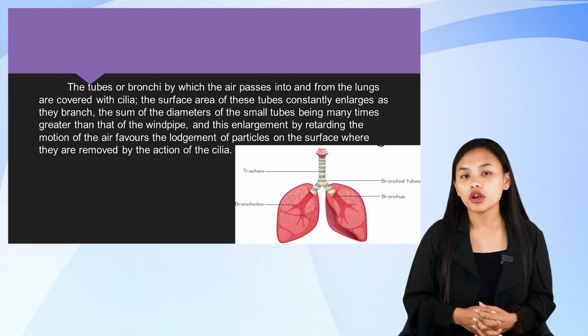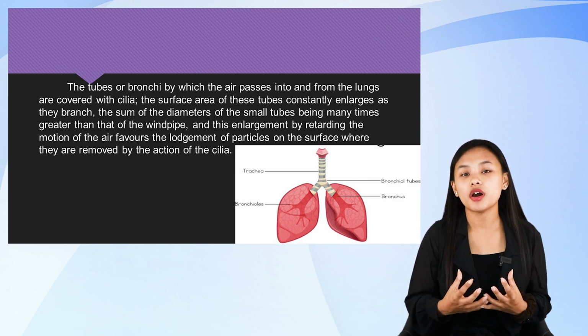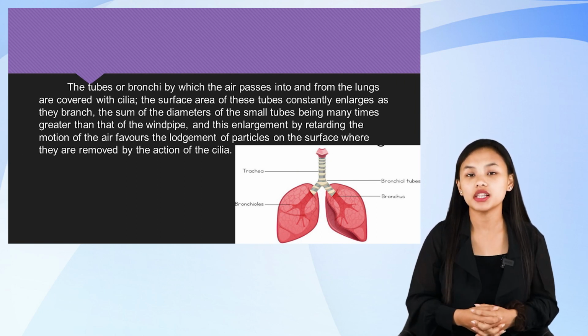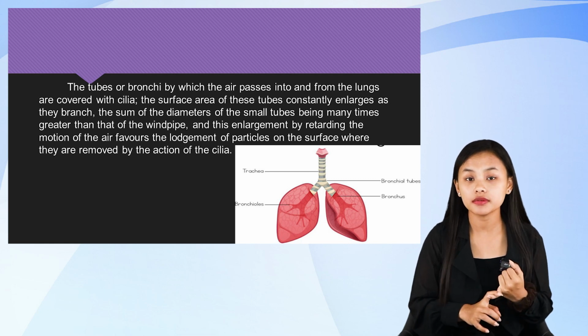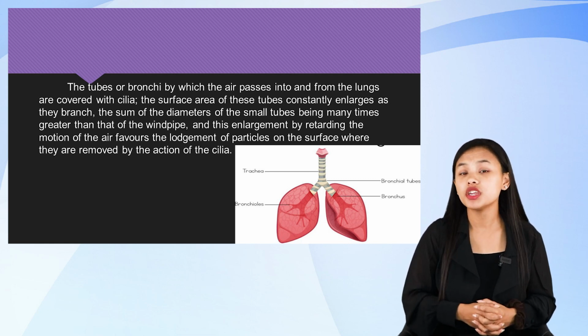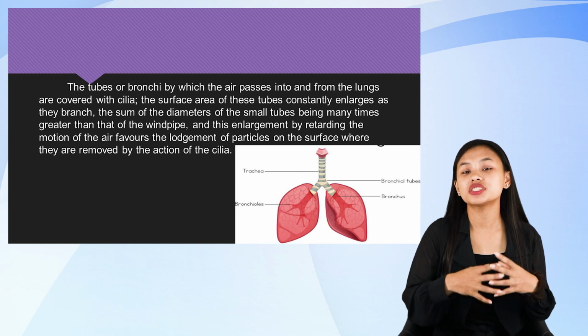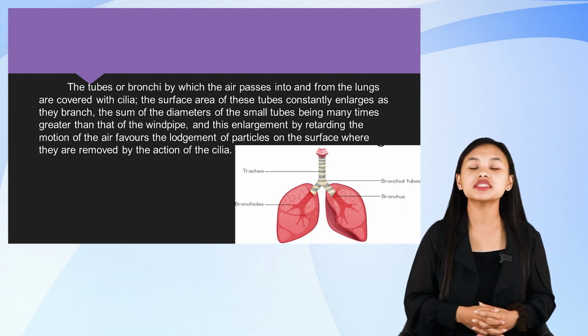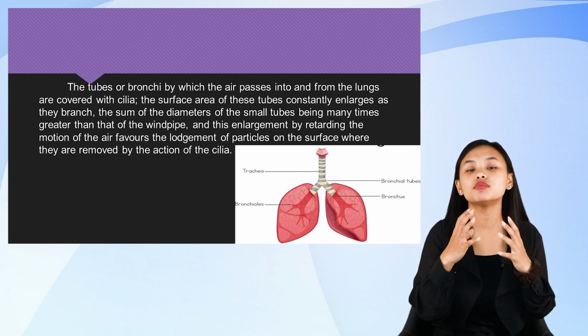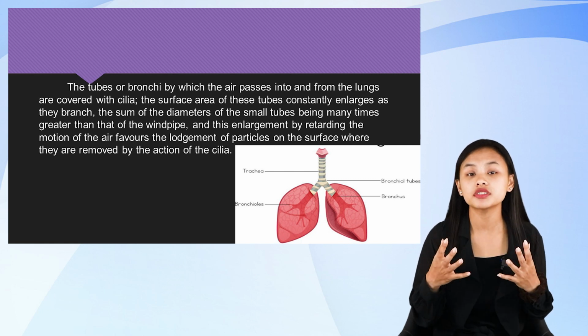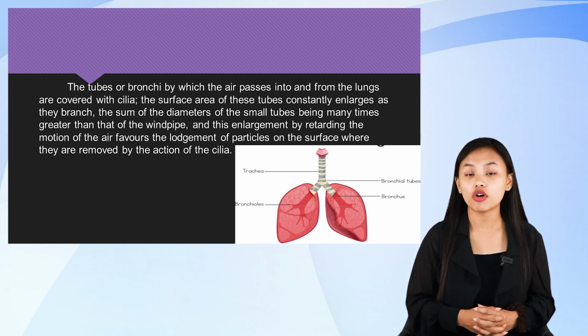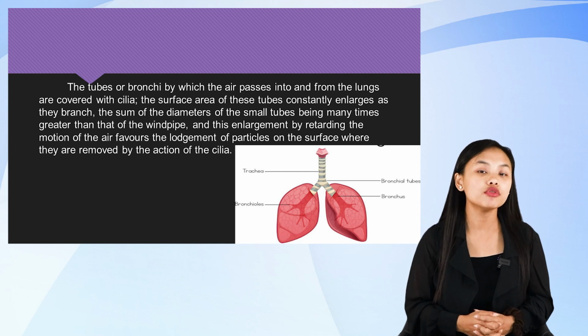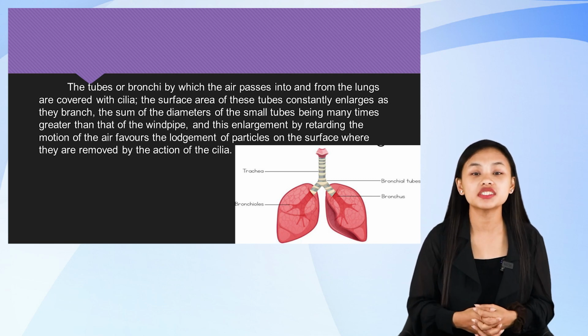The tubes or bronchi through which the air passes into and out of the lungs are covered by cilia. So here the surface of these tubes constantly enlarges as they branch, and this enlargement, by retarding the motion of the air, favors the lodgement of particles on the surface where they are removed by the action of the cilia.